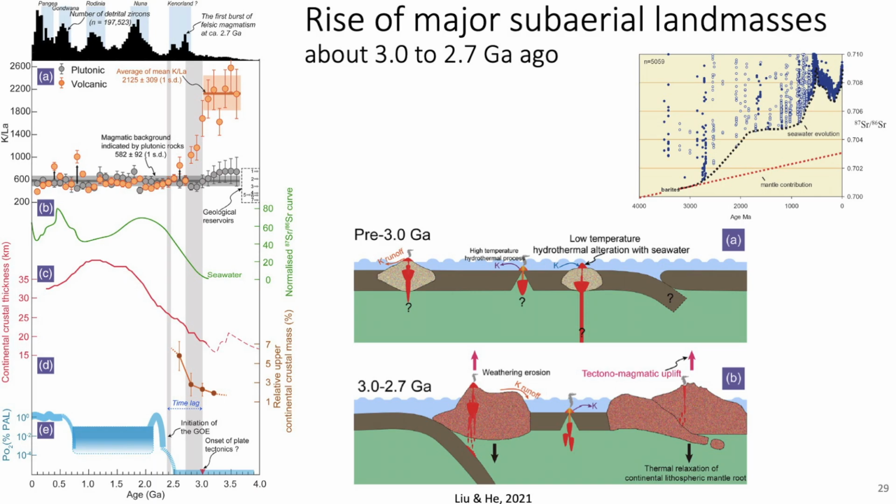That's the mantle contribution. It's the signature of a number of rocks, and you see that all the ratios after 2.7 billion years ago are pretty high. They really go further. That's the seawater evolution that makes the minimum. So we had at that time really an interaction, we had the signal in the seawater of this weathering.